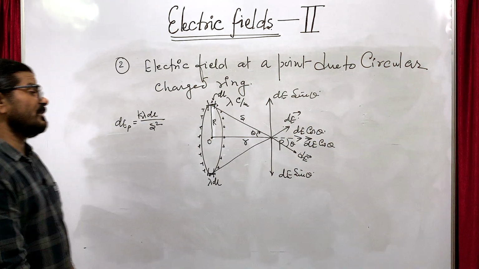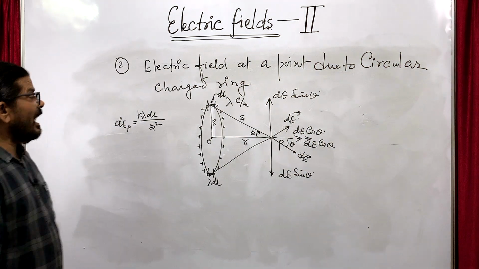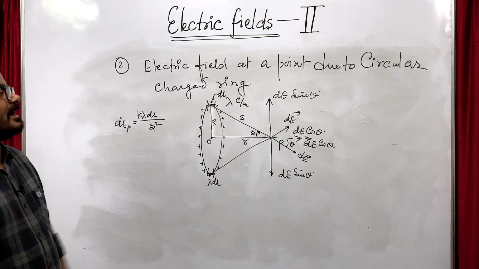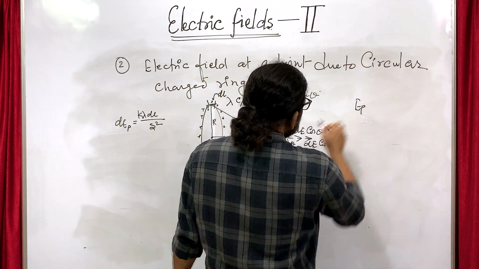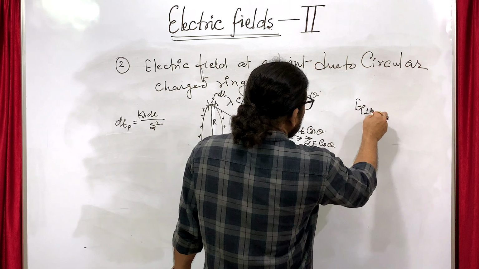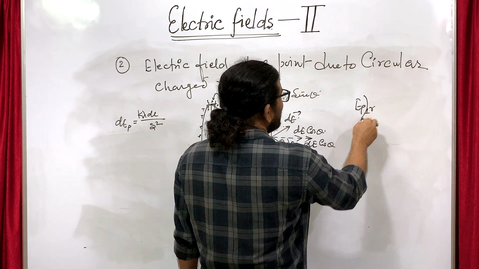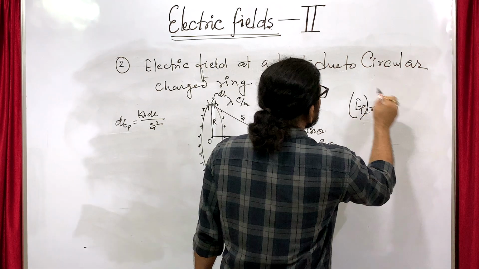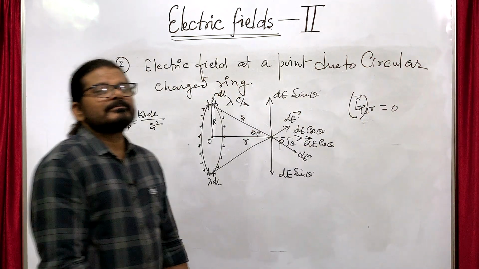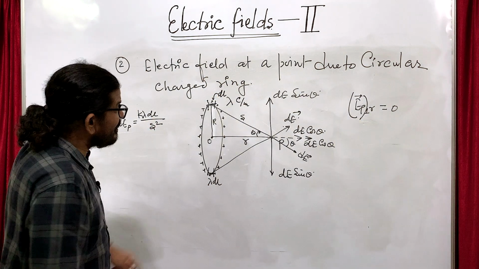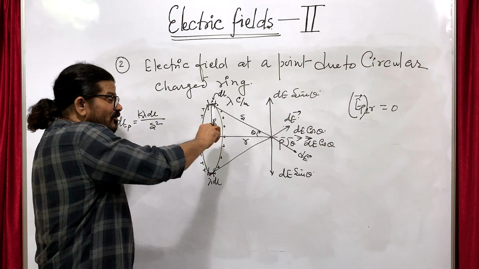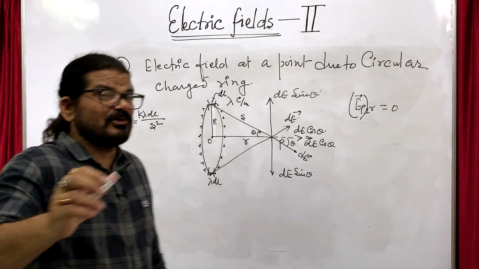Now see, at point P, our target is to calculate the electric field at point P. So now, the perpendicular component of EP is going to be 0, because each element will have its diametrically opposite element.